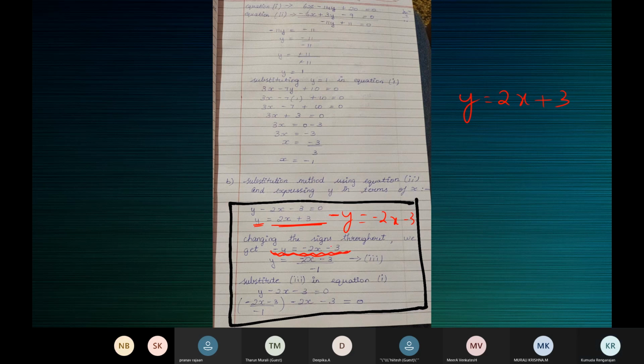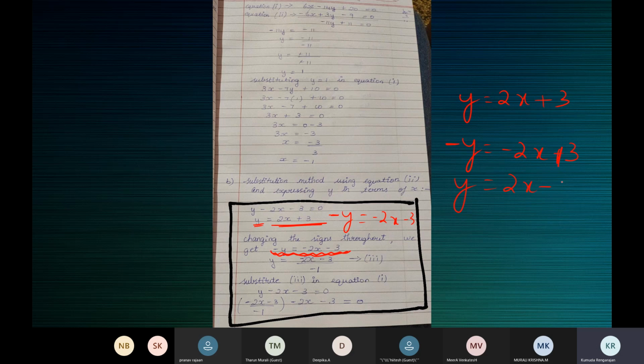Because supposing you had minus y is equal to minus 2x minus 3, then you want a positive y. So we change the signs throughout. When it's negative, you want a positive y, so we say y is equal to 2x.